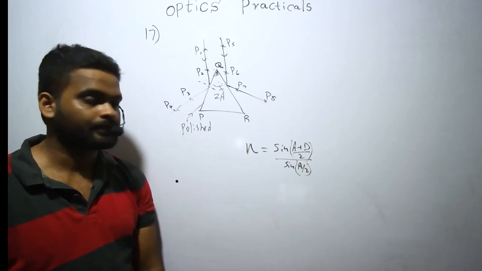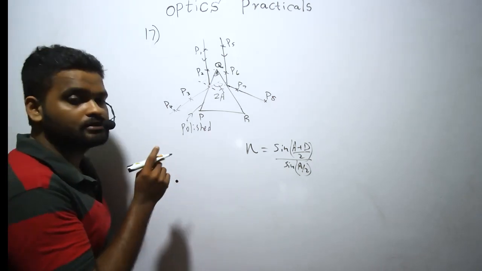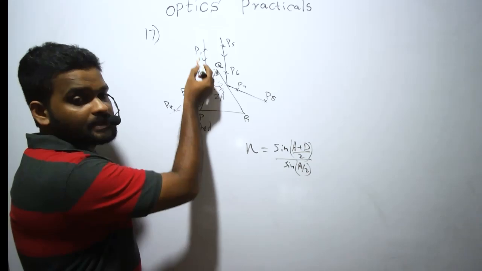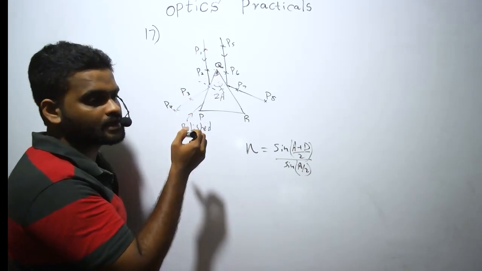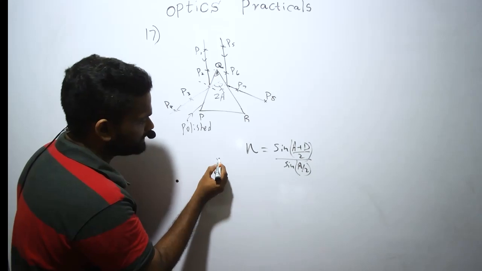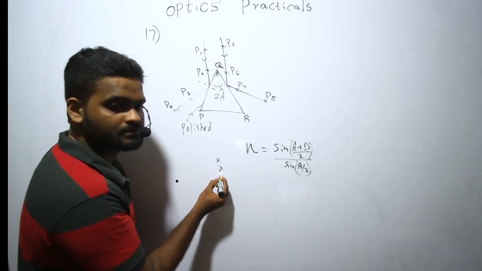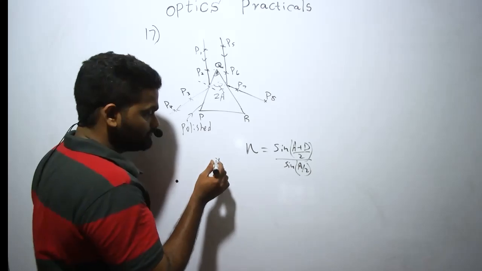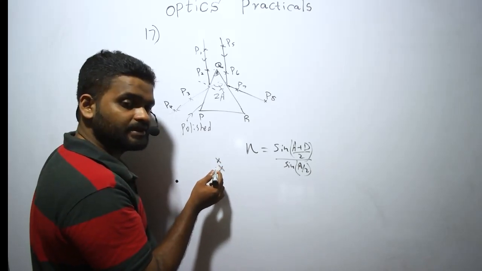Okay. So now listen, right? You know that you place these optical pins. So when you are placing them, you are not going to place them like this, very close to each other.